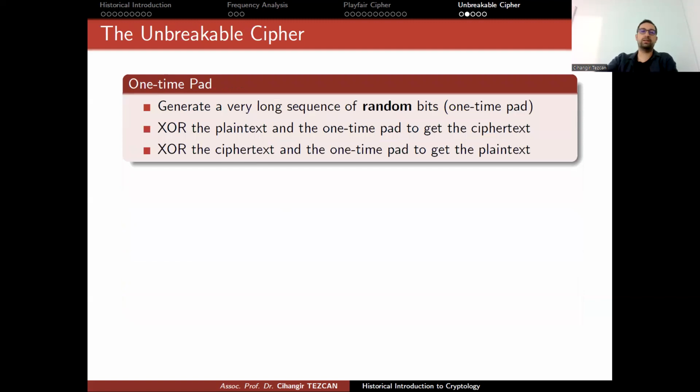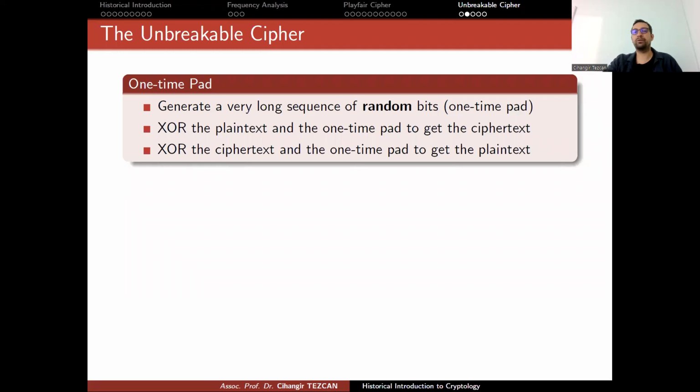So what Shannon proposes is as follows. We can use one-time pad, and I think Shannon showed that this is provably secure. The idea is as follows. Generate a very long sequence of random bits called a one-time pad. It is called one-time pad because in practice, generally, you write these random zeros and ones in very small letters on a single page of a notepad.